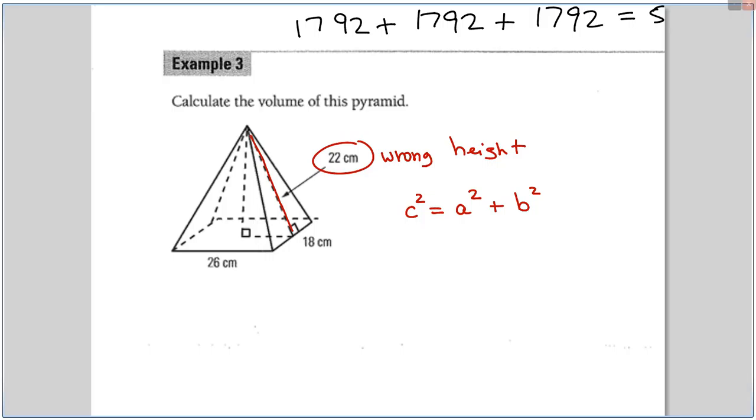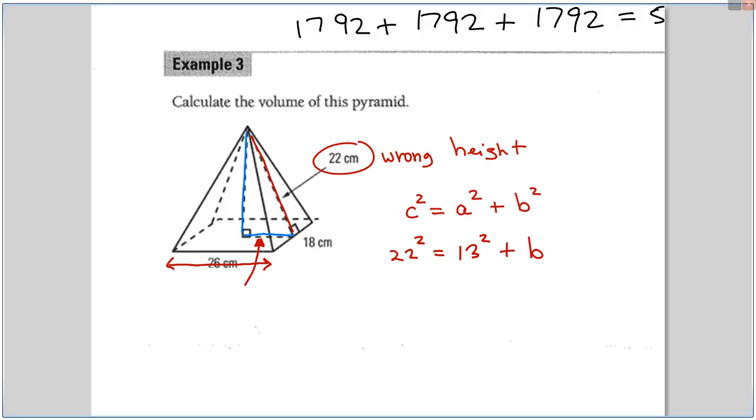What's the long side on the right angle triangle? 22. Good. And what's one of the short sides? Why did you pick 13? 13's not even on there. Yeah, it's half of that distance, right? Good, so 13.